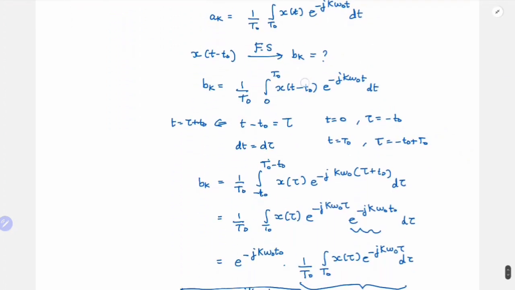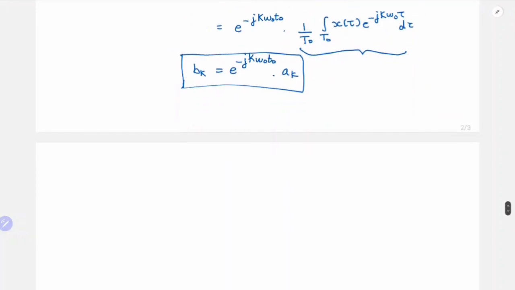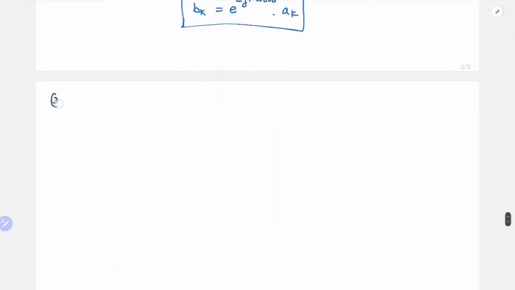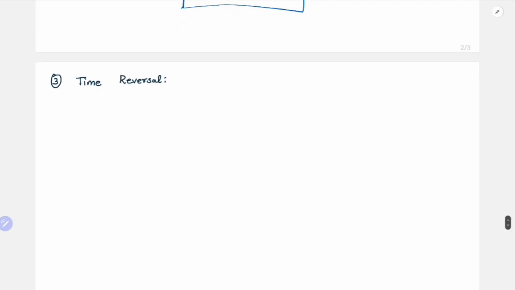Next, let us see what happens when we do a time reversal. The third property is time reversal. Again in time reversal, does the period change? The period doesn't change, correct? So period T0 does not change, so we can still use omega naught as the fundamental frequency.